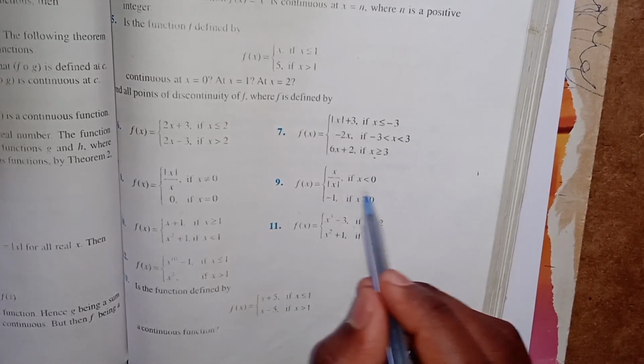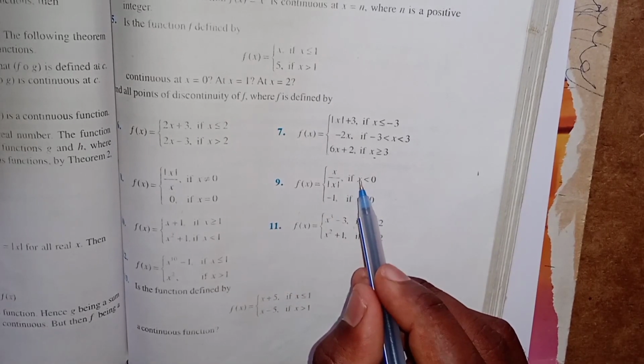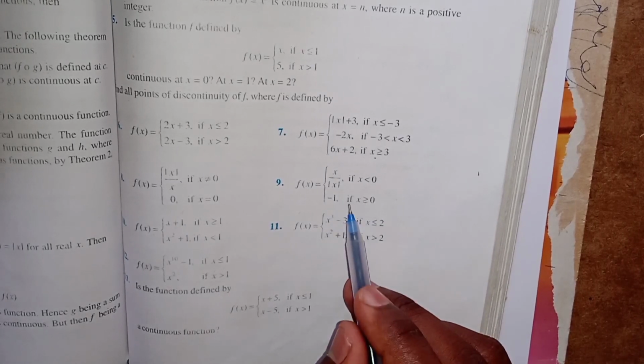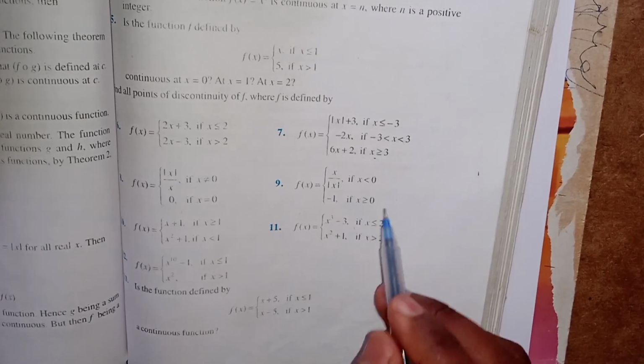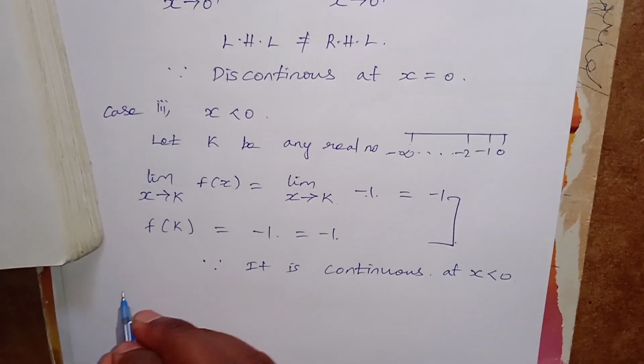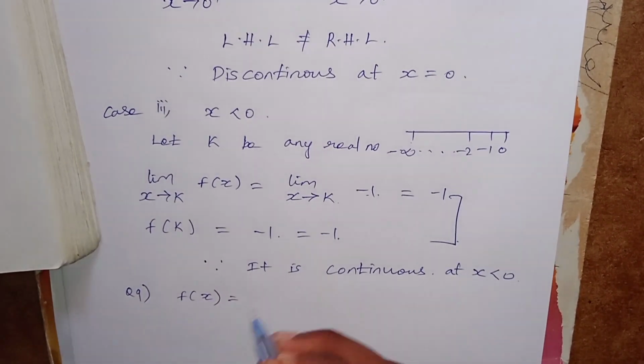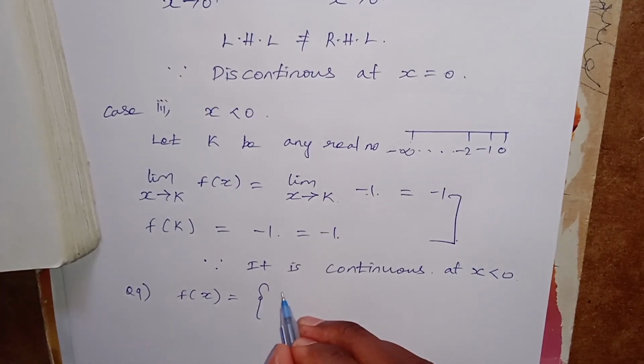Here it is clearly mentioned that x is less than 0, and minus 1 if x is greater than or equal to 0. Question number 9. Here you have to take f of x equal to modulus of x over x.